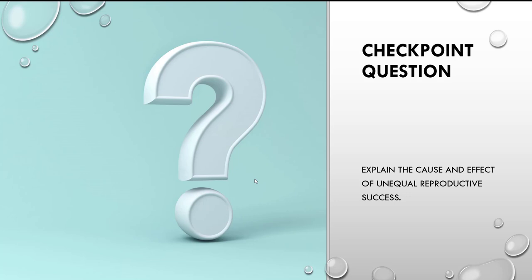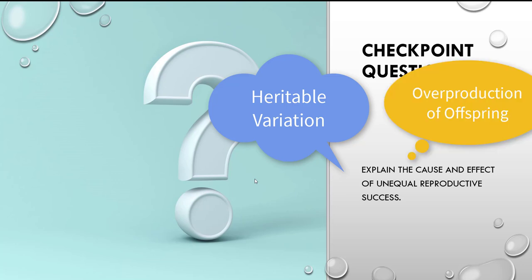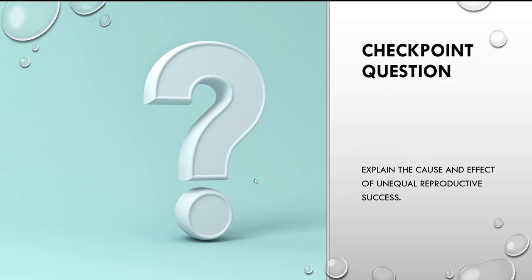One is that we have variation within populations, and that variation is heritable. Okay, so heritable variation. And the other is overproduction of offspring. Okay, so those individuals with heritable traits best suited to the local environment produce the greatest number of offspring.